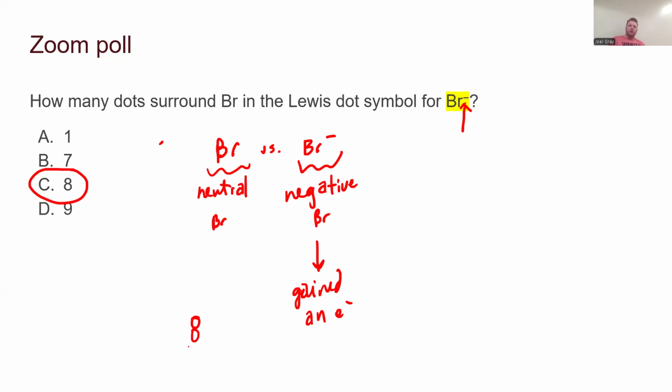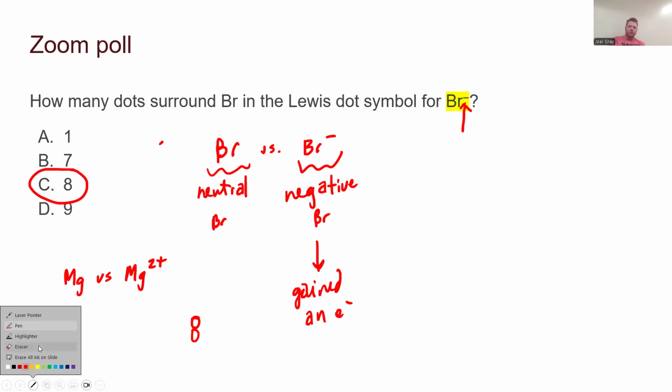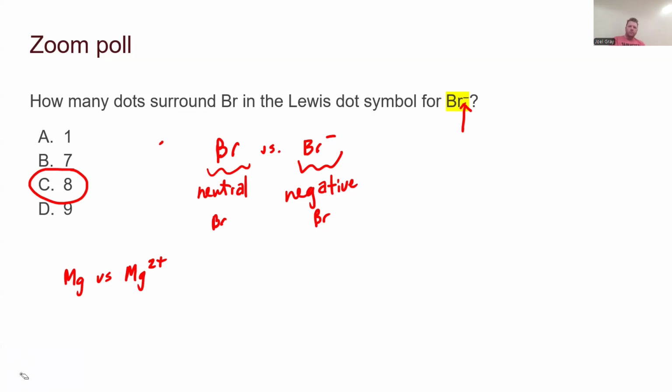Now, what I want you to recognize also is if we say something like Mg versus Mg2 plus, actually, I'm going to do some erasing real quick. Mg versus Mg2 plus versus Mg plus.